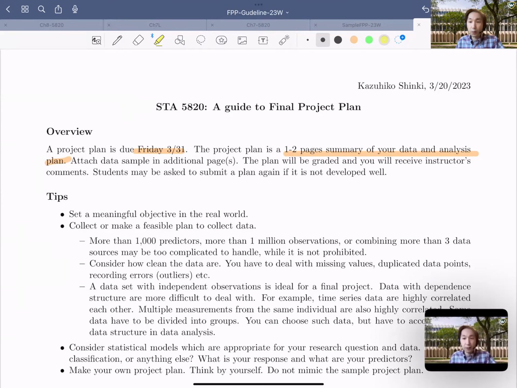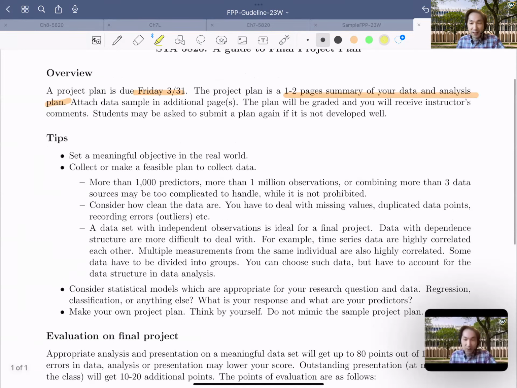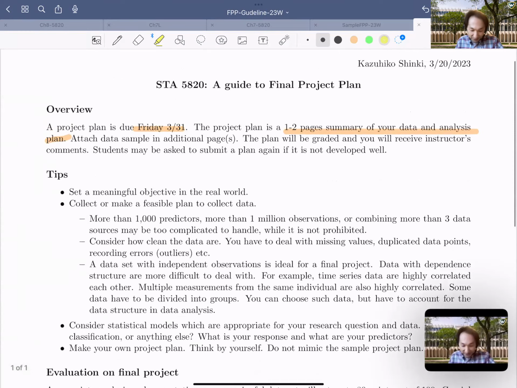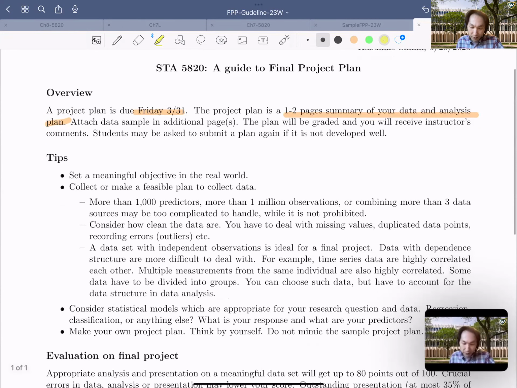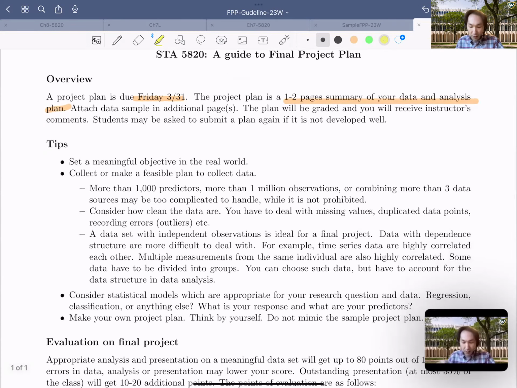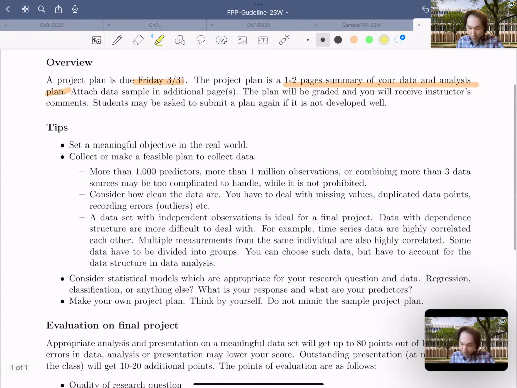So you can talk to me, but for submission, you can submit by just Friday, March 31st. Some students worry too much and send me this project plan maybe twice or three times before the submission date. That is good, but if all students do that, then I don't have enough time to review all materials. So if you have concerns, you can talk to me in office hours, or some short emails are also fine.